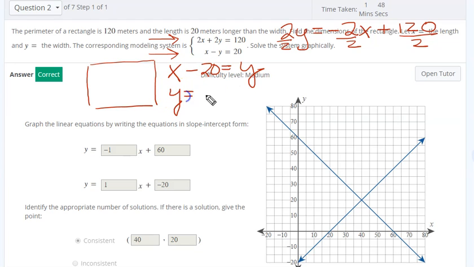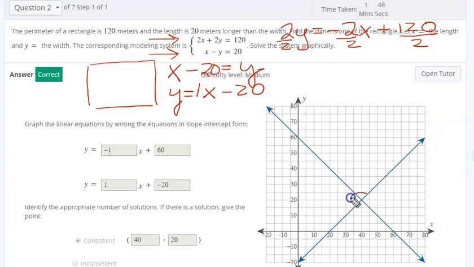Y equals x minus 20. And again, you didn't need to put anything there, but I guess they're allowing us to put the 1, and there it is. Now, when this forms, the second equation will form.